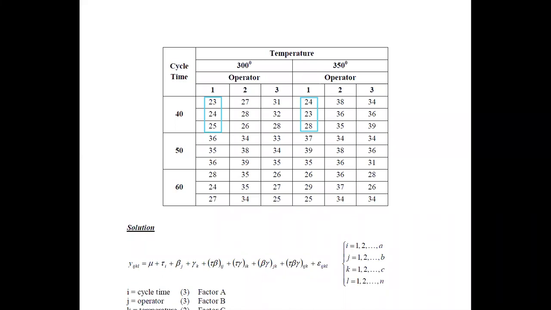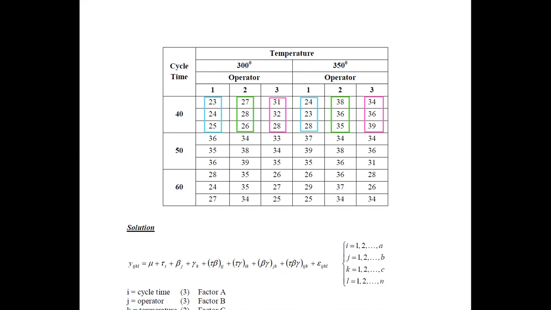The next set of values can be obtained for cycle time 40 operator 2. Then these sets of values have to be totaled to get the values, and to get cycle time 40 with operator 3, you have to take this set of values.